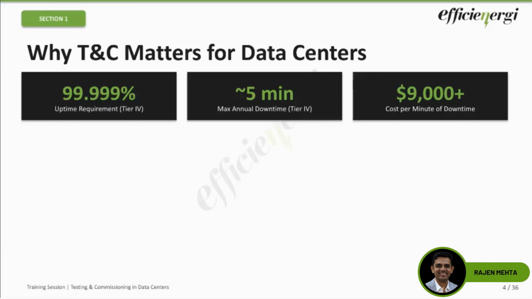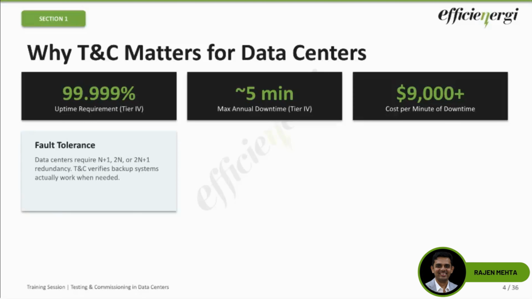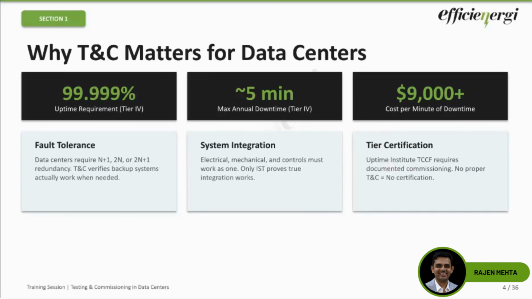Will the UPS at the input side not throw harmonics of very high magnitude and cause the generator governor to be unable to lock the frequency? Those are some of the issues that we are talking about. So we talked about fault tolerance architecture, we talked about system integration, and we talked about tier certification, that is, the tier certification of a constructed facility.